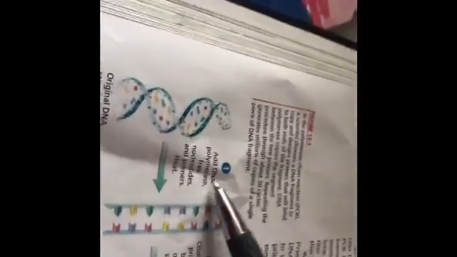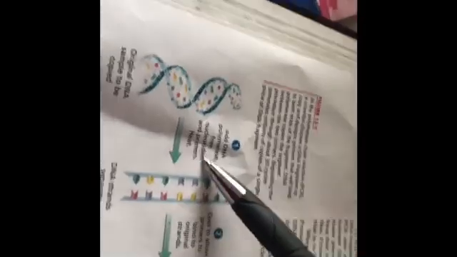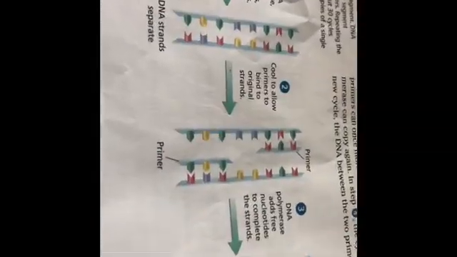And then the DNA polymerase adds the free nucleotides to complete the strands. Then each double-stranded DNA is identical to the original DNA. So basically here, these two strands, they separate.